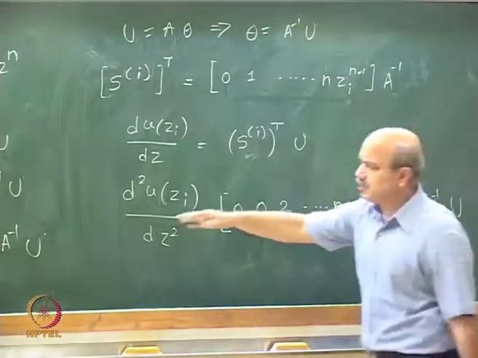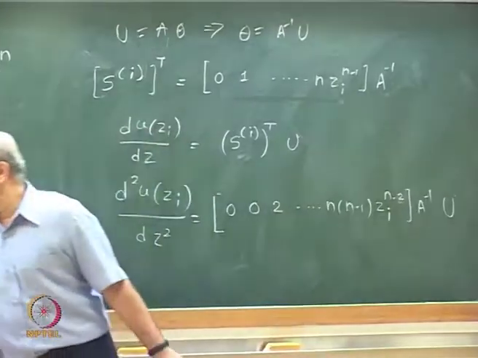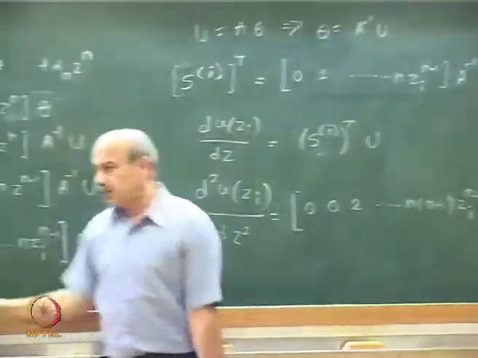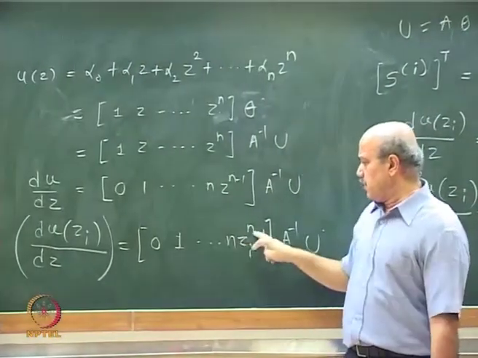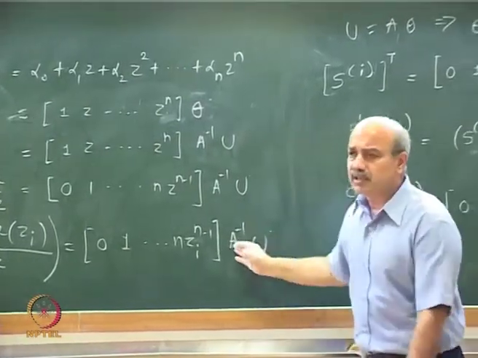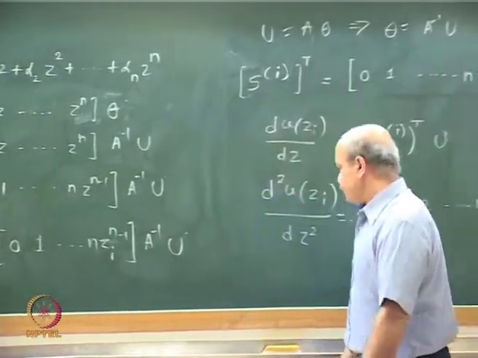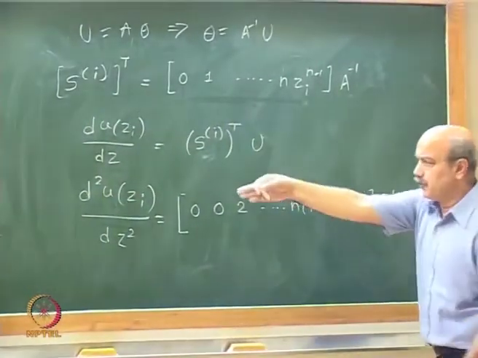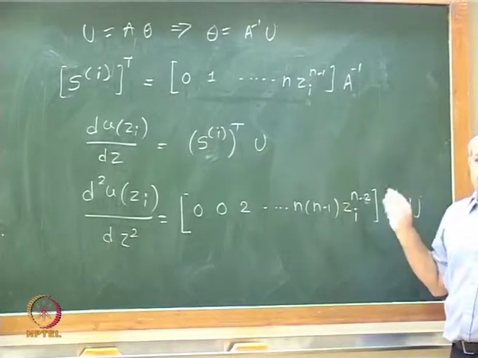Just look here. This is the first derivative. If I differentiate this with respect to z again, you will get 0, 0, n minus 1 will come here. This is just differentiation of this. This is a constant matrix.